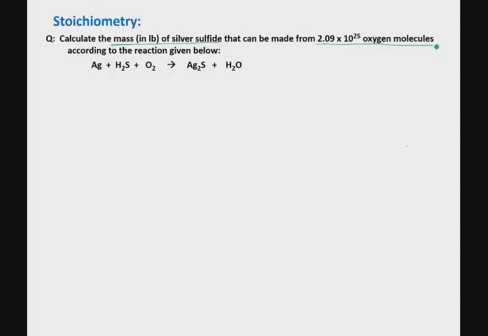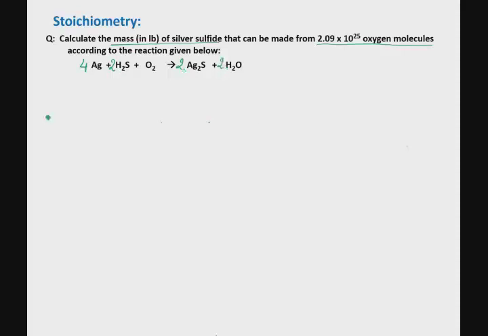In this case, the reaction equation is given, but we must always make sure that it is balanced. If it's not balanced, you must do that first before anything else. So if you balance this reaction equation, we get 4 Ag react with 2 H2S and 1 O2 to produce 2 Ag2S and 2 water molecules.